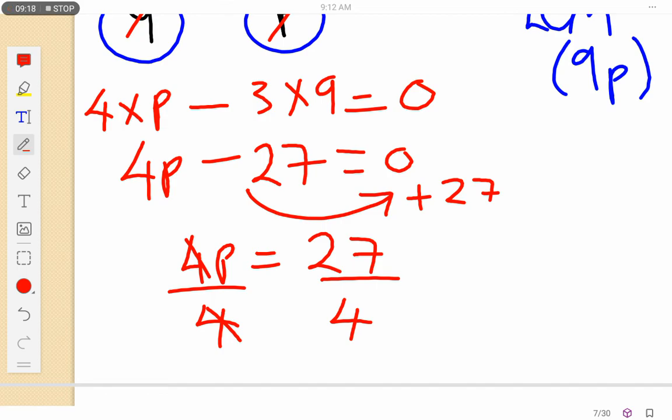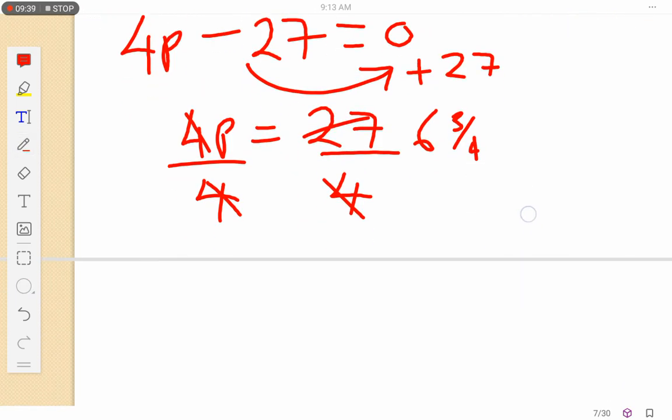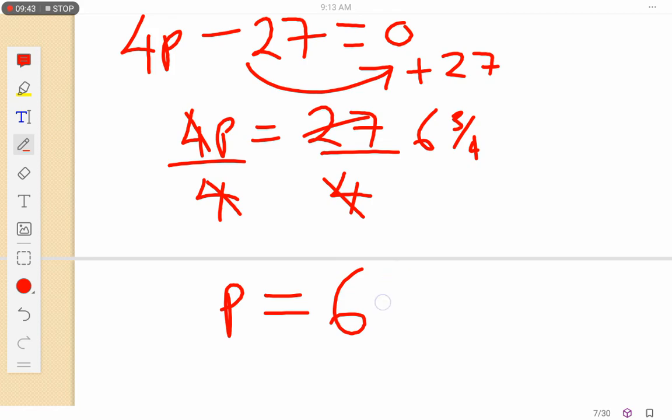So 4 into 27, we get 6, and we have a remainder of 3. So we have 6 and 3 over 4. So our answer here for p is equal to 6 and 3 over 4. This becomes our answer there.